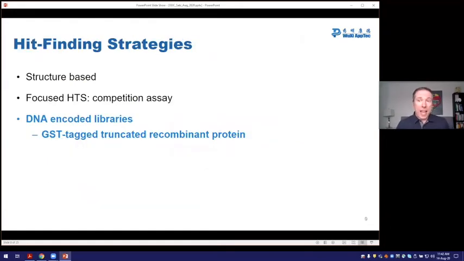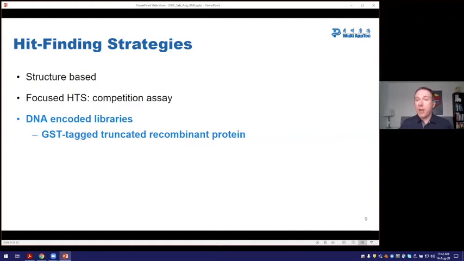So to address that challenge, the project team came up with several different ways of potentially finding hits that would be selective for DDR1. One of those was structure-based. There were a lot of known crystal structures of DDR1 with inhibitors bound. But of course, the problem was that these hits were also very active against DDR2. But the idea was that you could look at the crystal structure and perhaps, with rational design, make new structures which would be selective for DDR1.